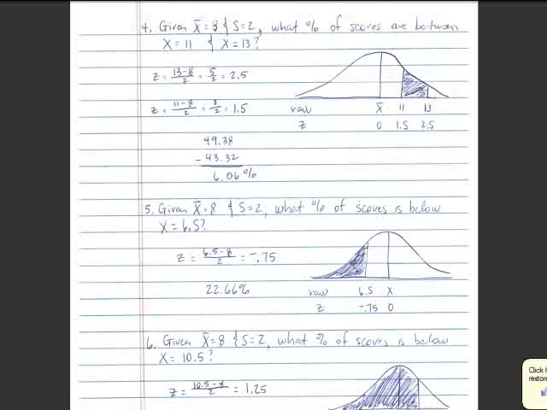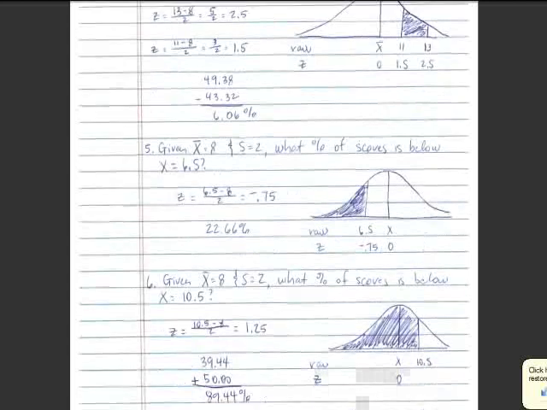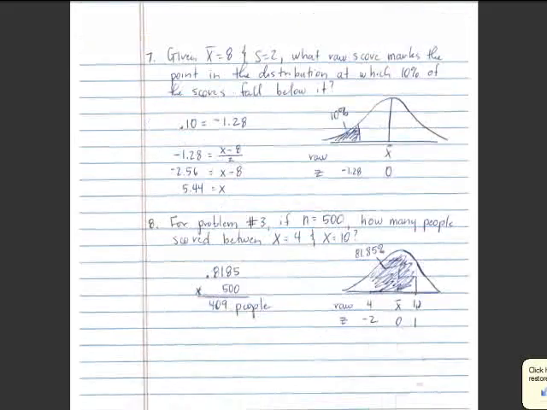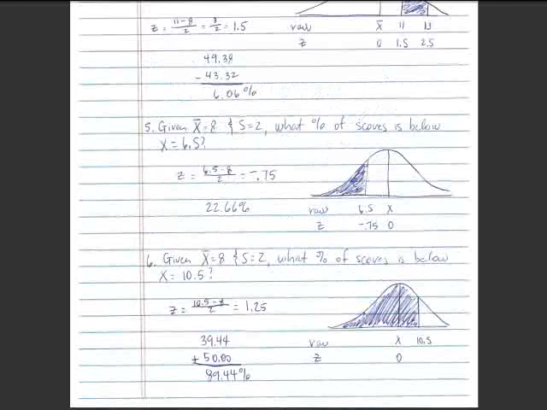All right, let me move this down a little bit for us. Oops. All right, problem number 6. Same mean, same standard deviation. What percent of scores is below x equals 10.5? So we've identified the raw score of 10.5 here.